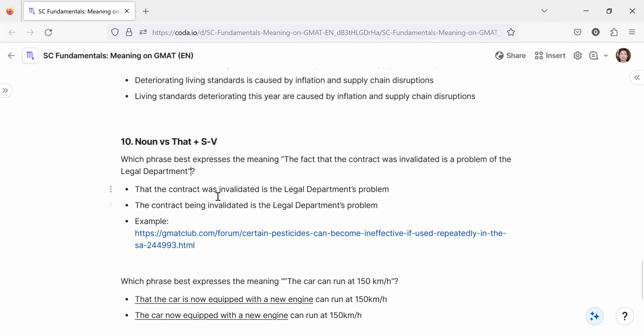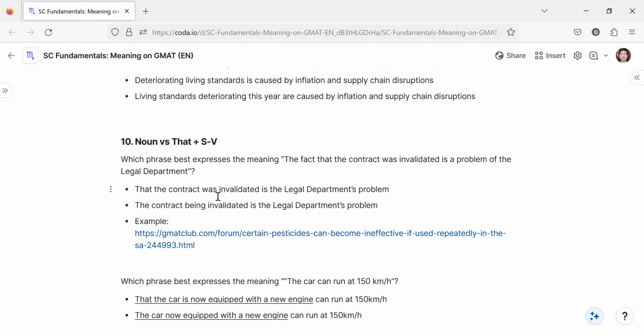Okay, so rule number 10: noun versus that plus subject-verb, or noun as the subject versus that plus a subject-verb clause as the subject. The difference is that when you talk about a noun as the subject, you talk specifically about that entity.